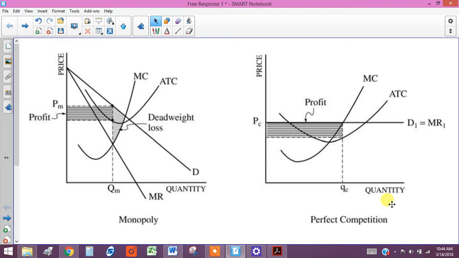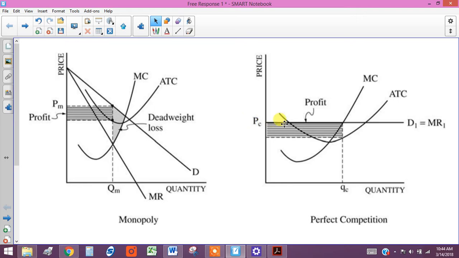That means that the average total cost, which is your curve here on the monopoly, and your curve right here in the perfect competitor, the average total cost needs to be below price.